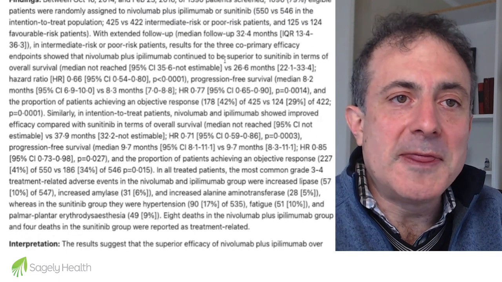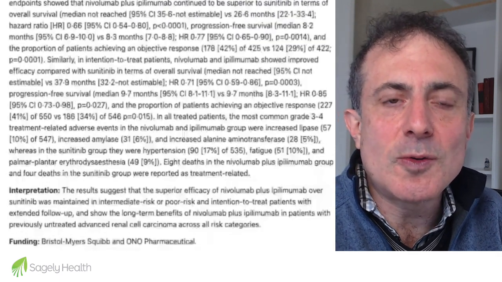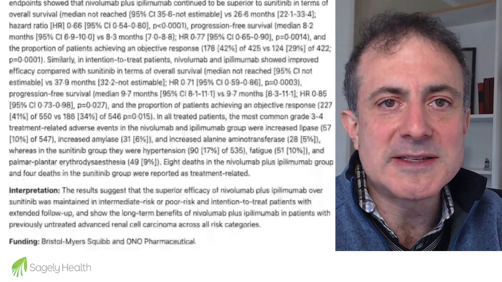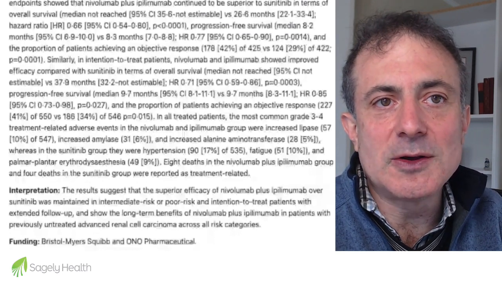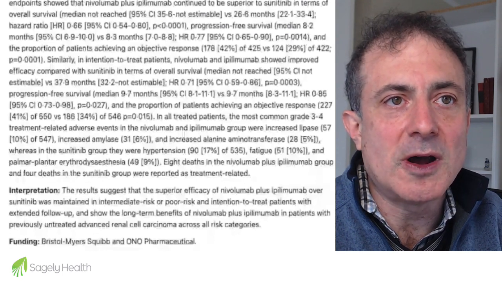Now, this is an earlier trial than the one that we looked at previously. So we don't quite know yet how it will compare based on this data, but already it looks quite encouraging. And this is a study that we will follow along.